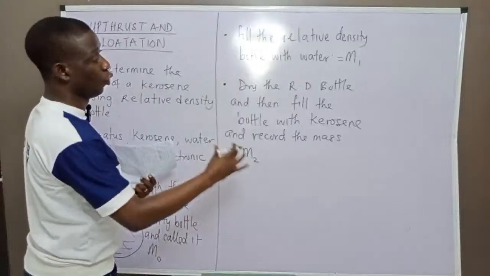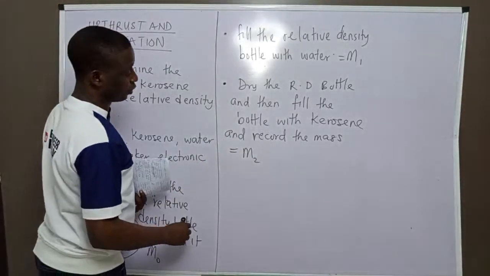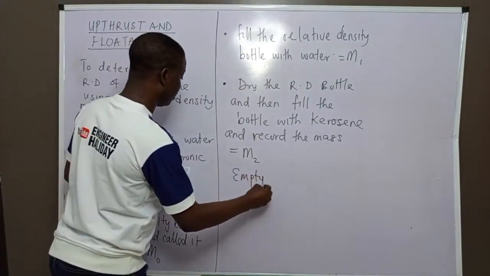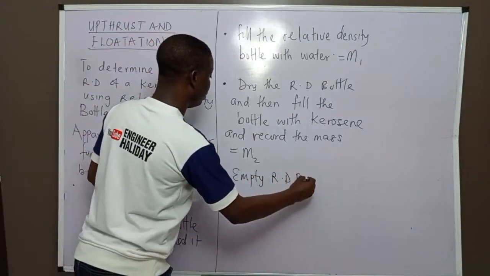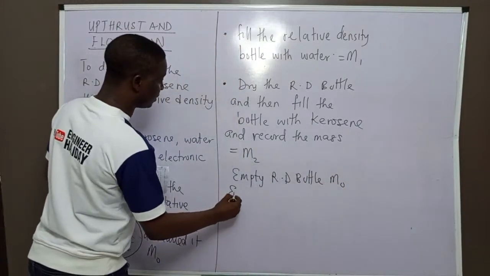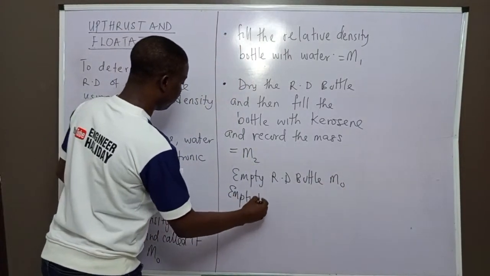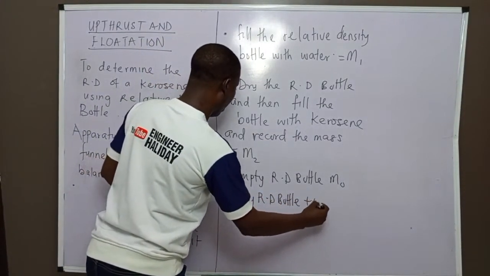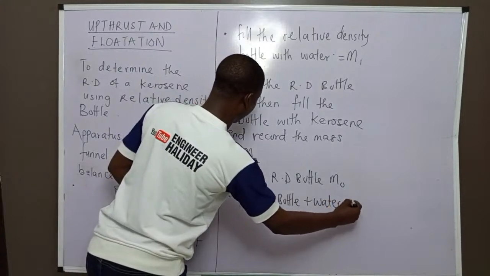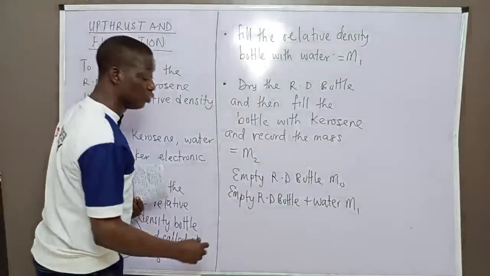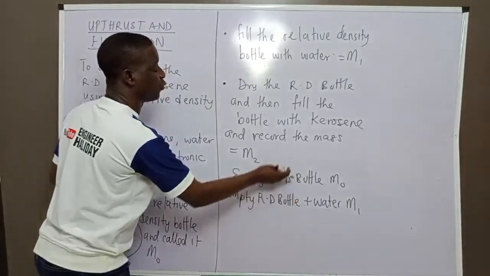For us to know our relative density, don't forget the empty RD bottle, we call it M naught. Then we said the empty relative density bottle plus water is equal to M1. If you go through this now, you will notice how we get the mass of water.